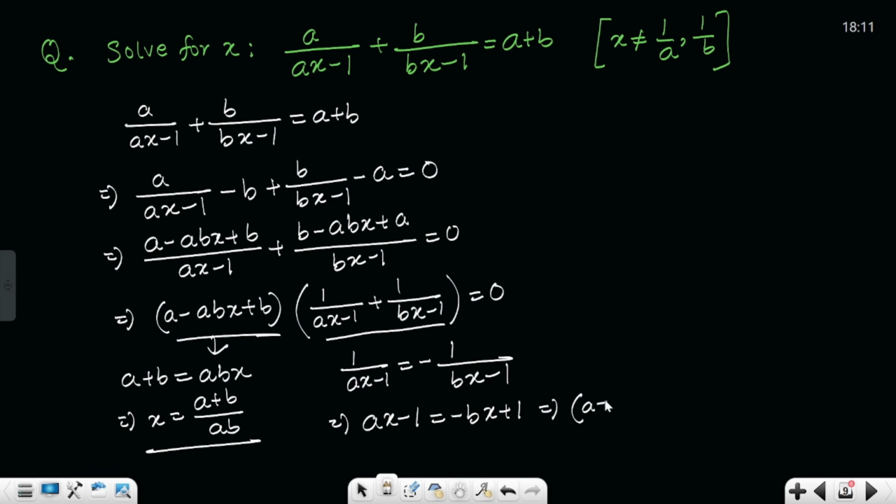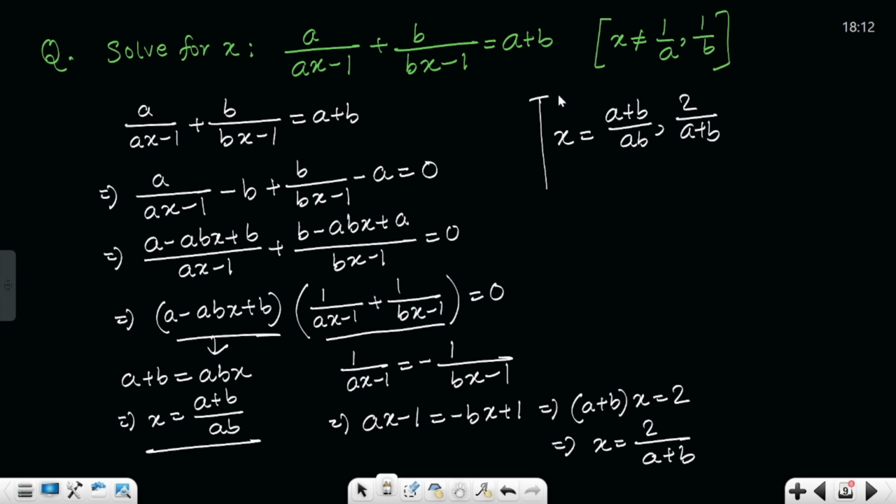So it will be a plus b into x equal to 2. So from here we can get x equal to 2 by a plus b. This is also a solution. So we got two solutions, x equal to a plus b by ab and 2 by a plus b. Okay. So yeah, our first question is solved.